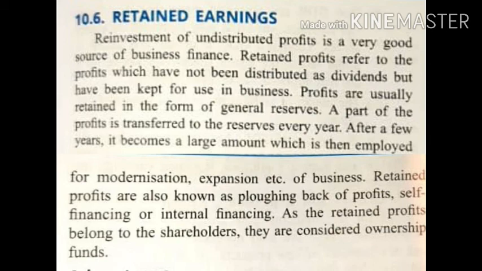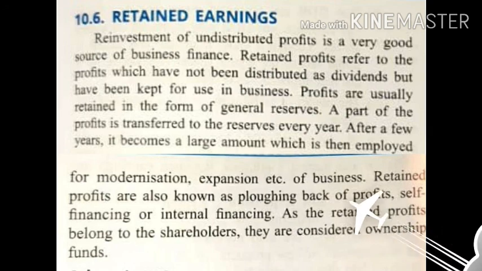Retained profits are also known as ploughing back of profit, self-financing. That is not borrowed from others. It is self-financed or internal financing. As the retained profit belongs to the shareholders, it is considered ownership funds. So retained profits are also known as ownership funds.